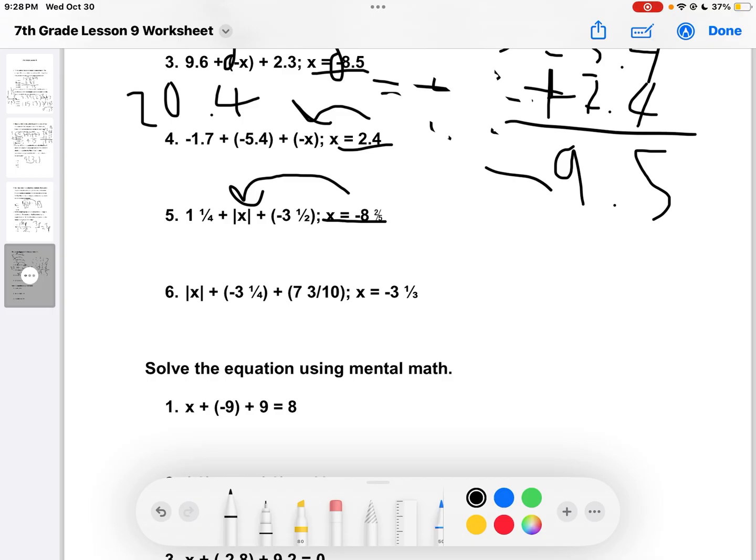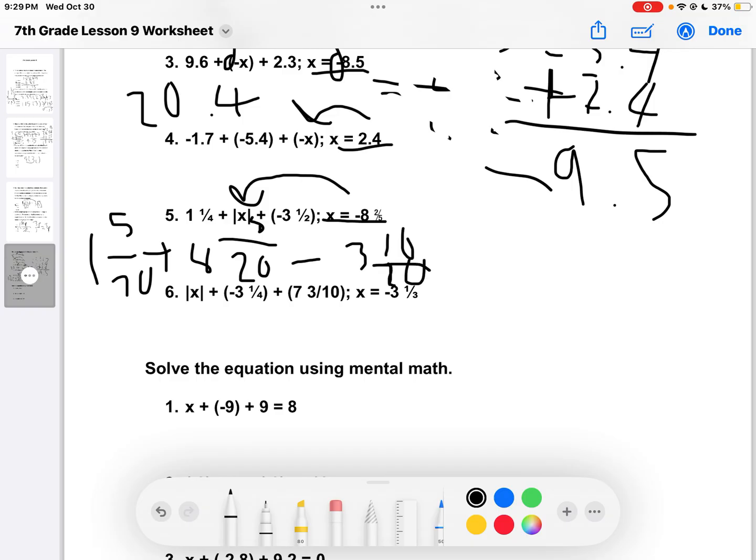So in this case, it will be 20. So 1 and 5 over 20 plus 8 and 8 over 20 minus 3 and 10 over 20. If you add it all up, this will be 9 and 13 over 20 minus 3 and 10 over 20, which is 6 and 3 over 20.